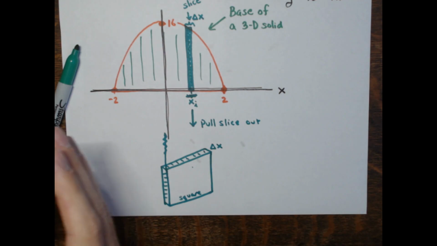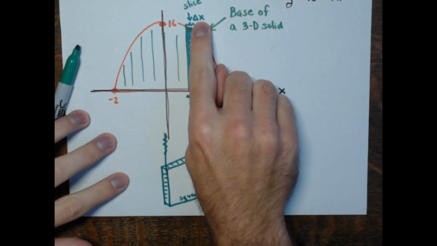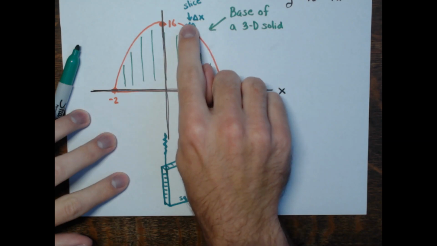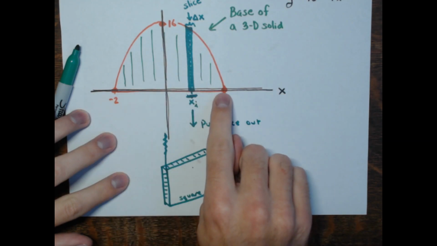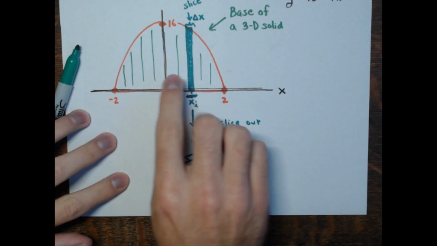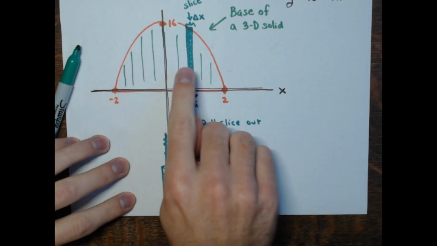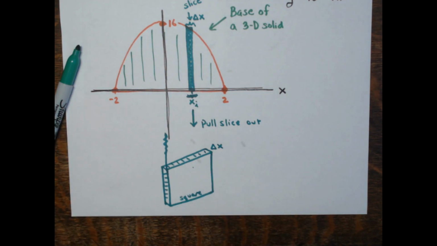So the sum of all those, and we're going to have delta x go to 0, so that'll become dx, right, the differential of x. So when I do this, for every x value between -2 and 2, we'll be integrating, right? I'd be adding up all these slices, right? Add up the volume of each slice.